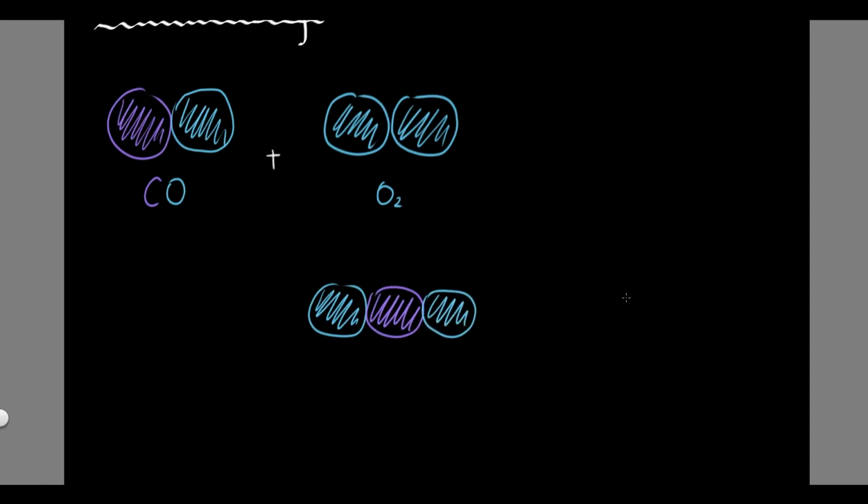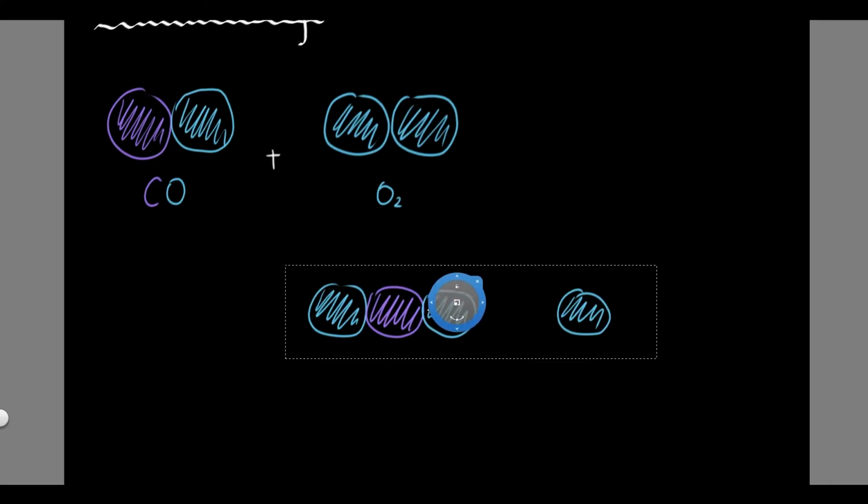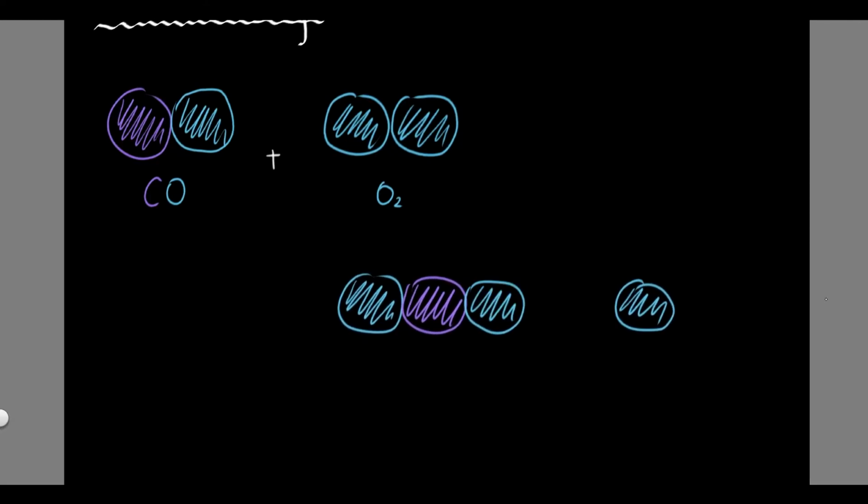That's our carbon dioxide, and an oxygen atom will be left alone. So it's going to look something like this. Let me just quickly write it over here: CO2 with just an oxygen on its own. All right, so then does it always happen?